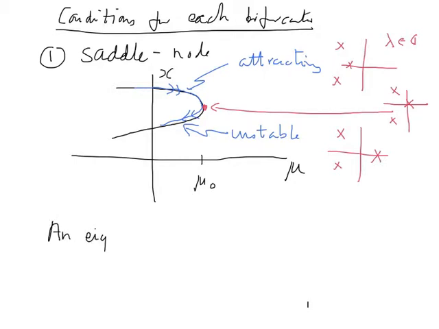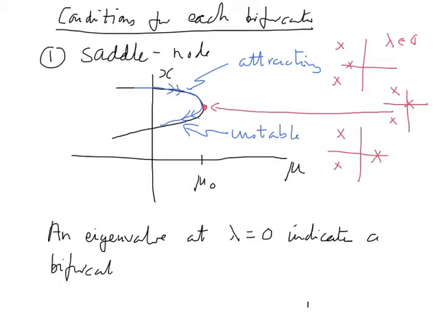An eigenvalue right at lambda equals 0 indicates a bifurcation. But it is the structure of the fixed points in the x mu space that tells us it's this type of saddle node bifurcation.